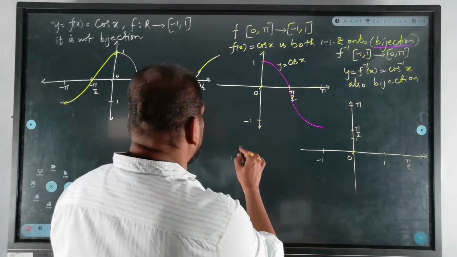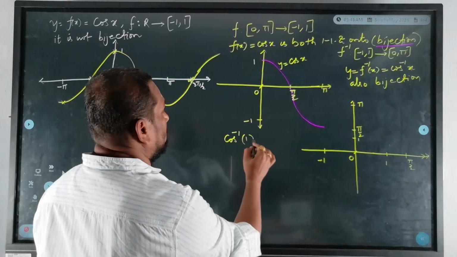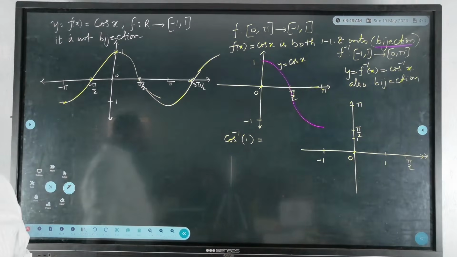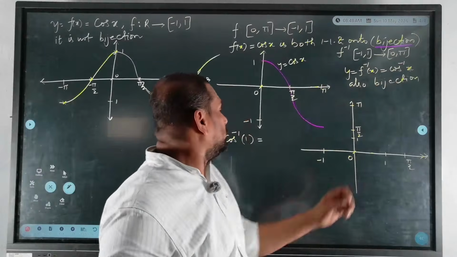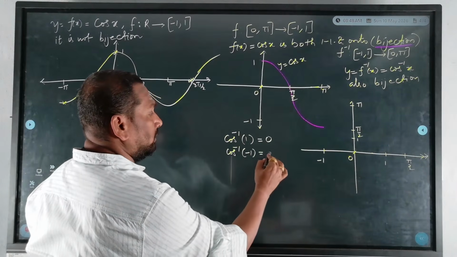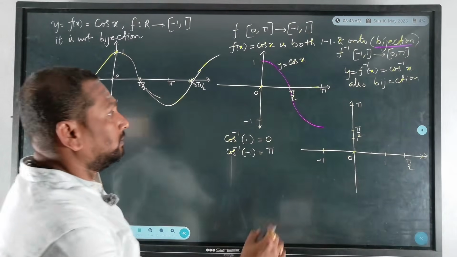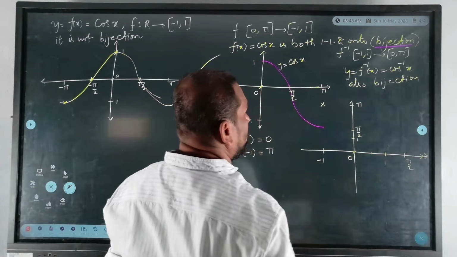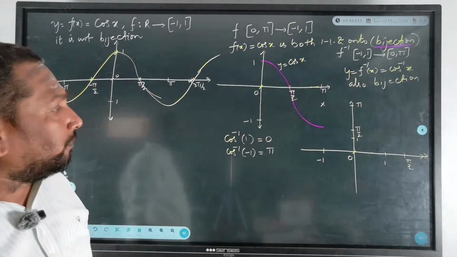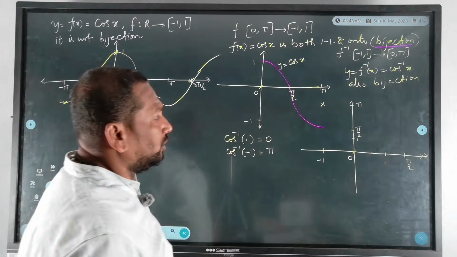So now what about cos inverse 1? Cos inverse 1 is what? Look, 0. Cos inverse minus 1 is pi. Cos inverse 1 is 0.